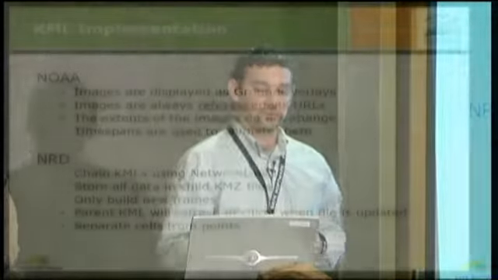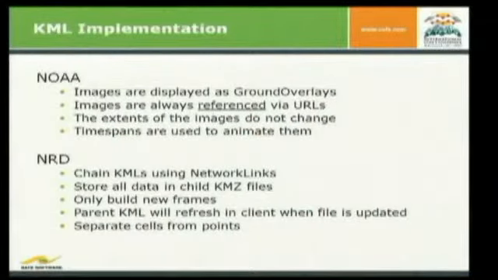So in building the KML, these are the key points in getting all this data to animate properly, because you want to keep the file sizes very small, because it's a lot of data. And so with the NOAA imagery, the key thing was to always reference the images on the file server where they're placed. And so we don't actually try to incorporate all that image data inside the KML.